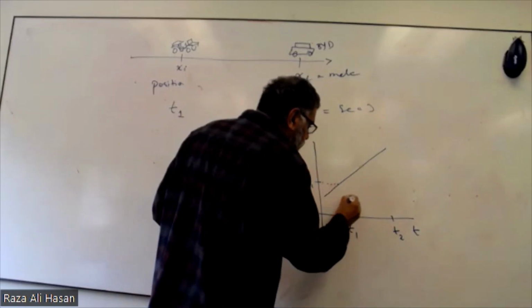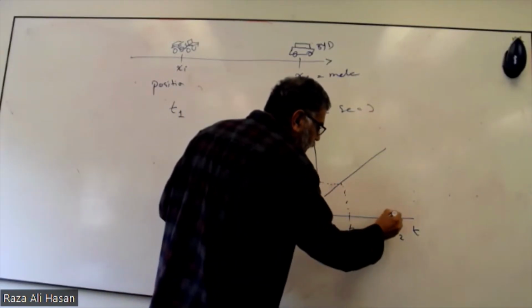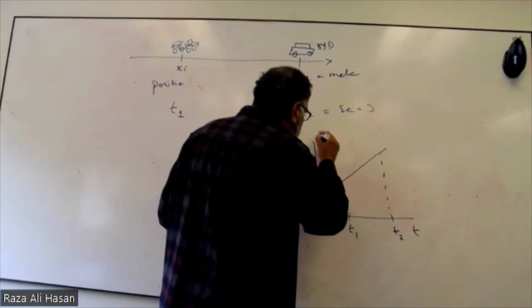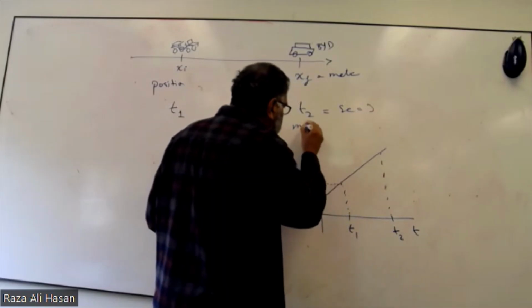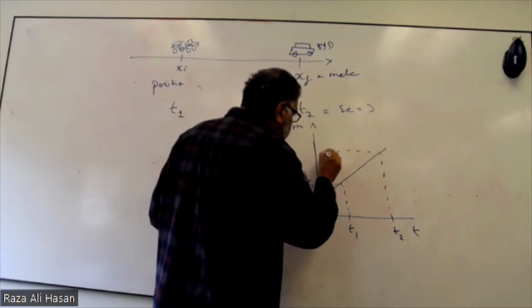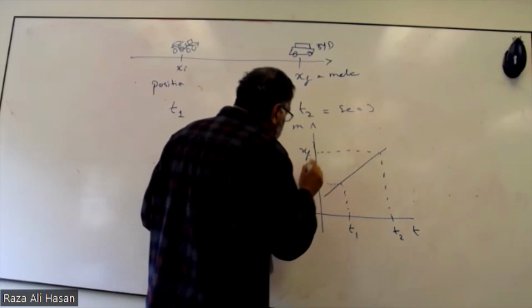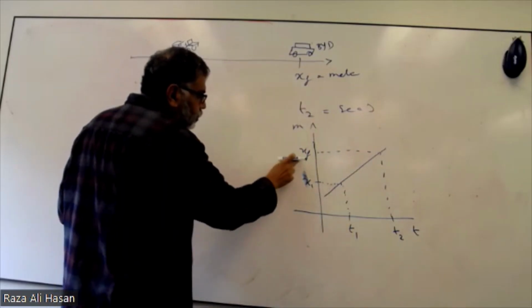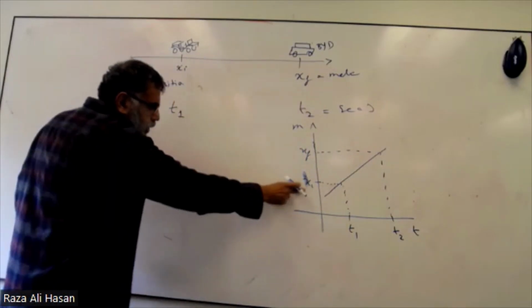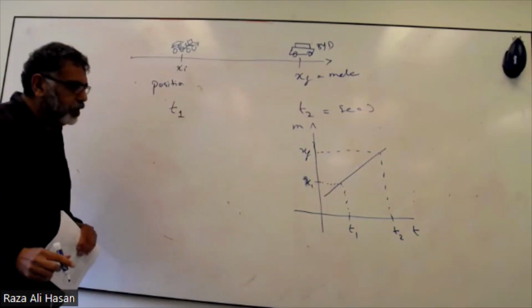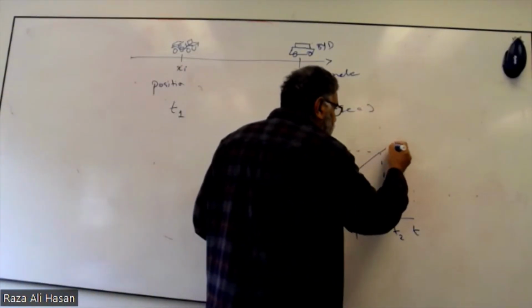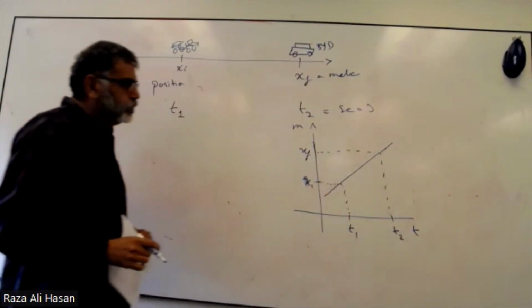And at X2, the car was at this final position. So this is XF, final position, and initial position.